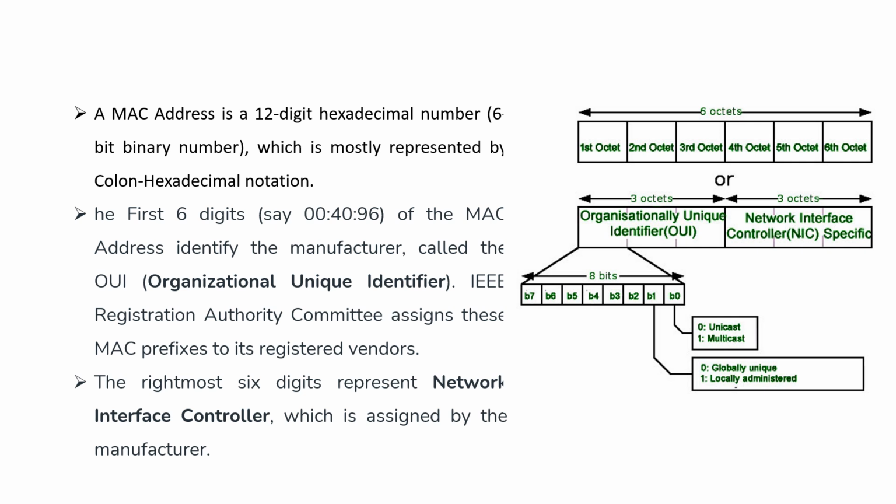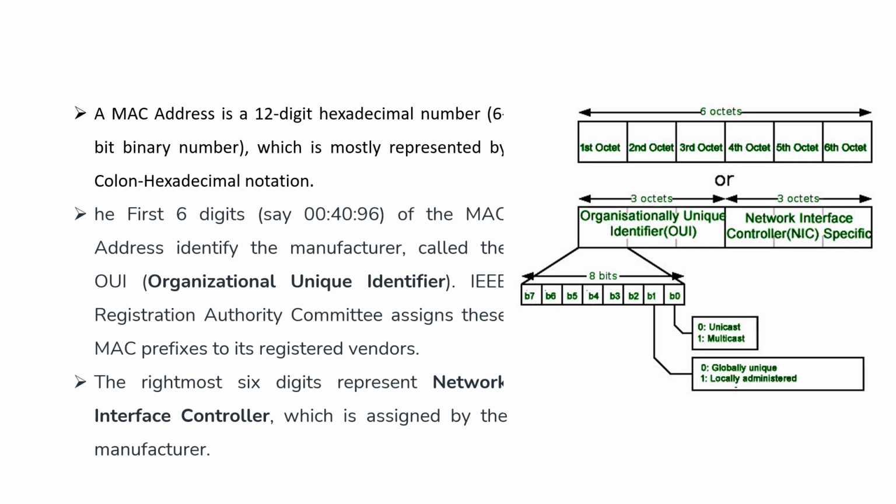Out of 6 bytes, the first 3 bytes are reserved for the OUI number. What is the OUI number? OUI, that is Organizational Unique Identifier, is a number provided by the organization which has manufactured the NIC cards.